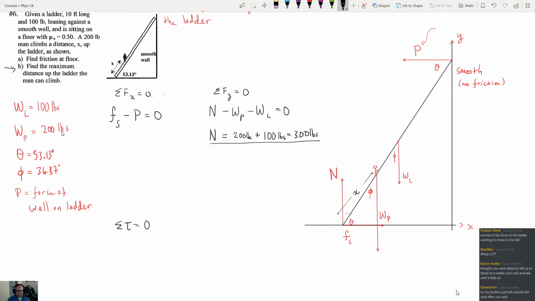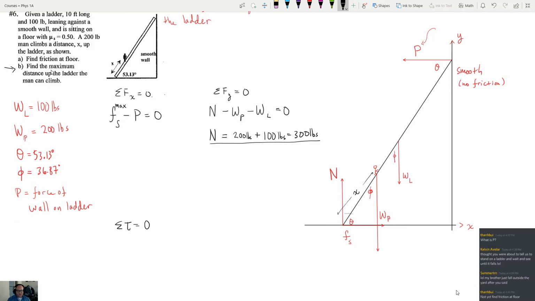So I would argue that if we assume that this person is already at the maximum distance that you can possibly climb, now we don't know what the value is, but if we assume that person is already at that point, then at that point, the friction force should be at maximum. Right? Because that's going to be the limiting factor. How far he can climb is dependent on how big the friction is here, right?